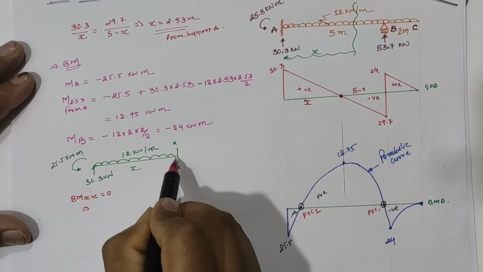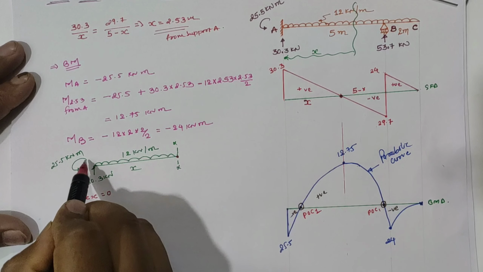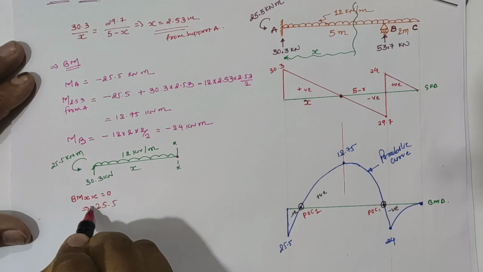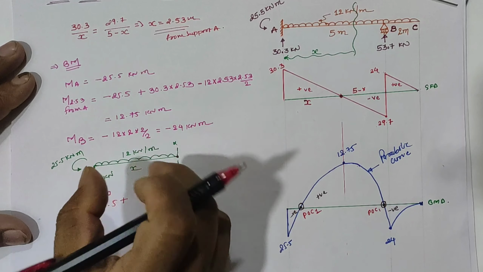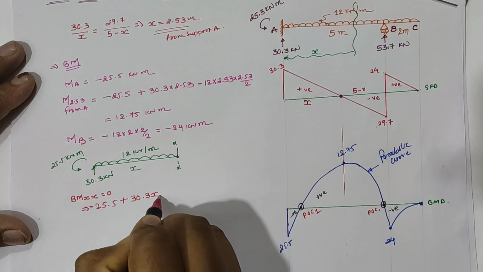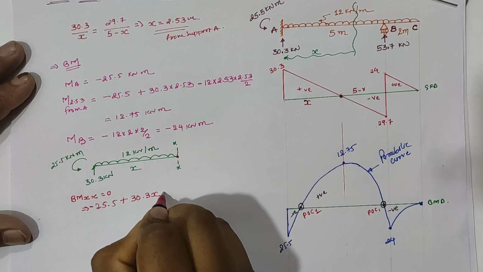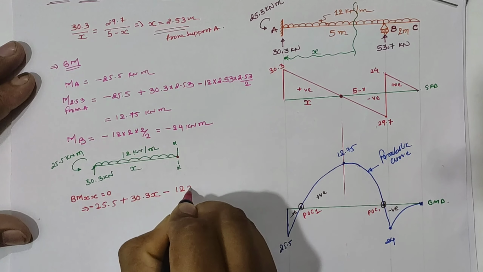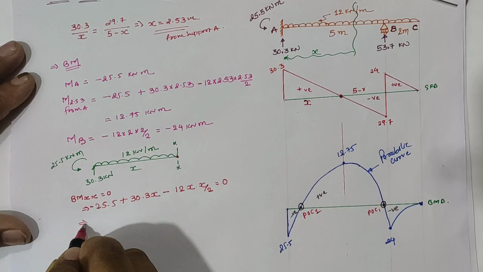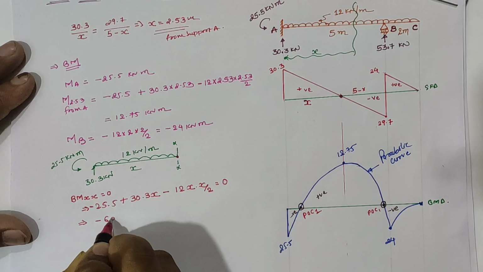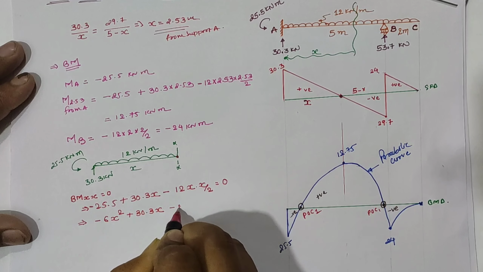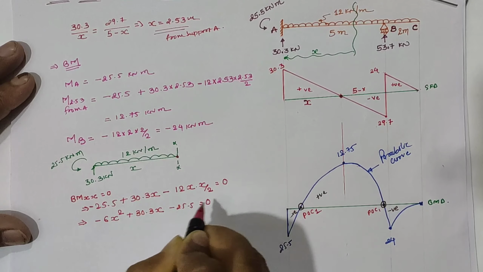Hence at location XX our bending moment value is minus 25.5 plus 30.3 into x in clockwise direction, and for UDL it is anticlockwise, hence negative, load into distance by 2, which must be equal to 0. Hence our value is minus 6x square plus 30.3x minus 25.5, which must be equal to 0.